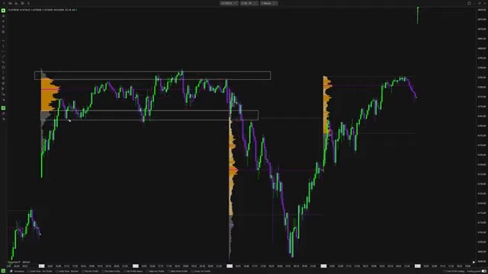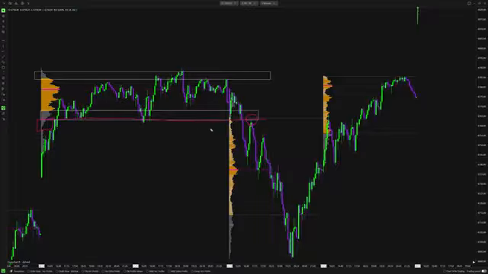But whenever we manage to break with strength outside of these areas, well, that's where volume increases and we're ready for a new auction. But before managing to flip the auction completely, where do we test? The same area.